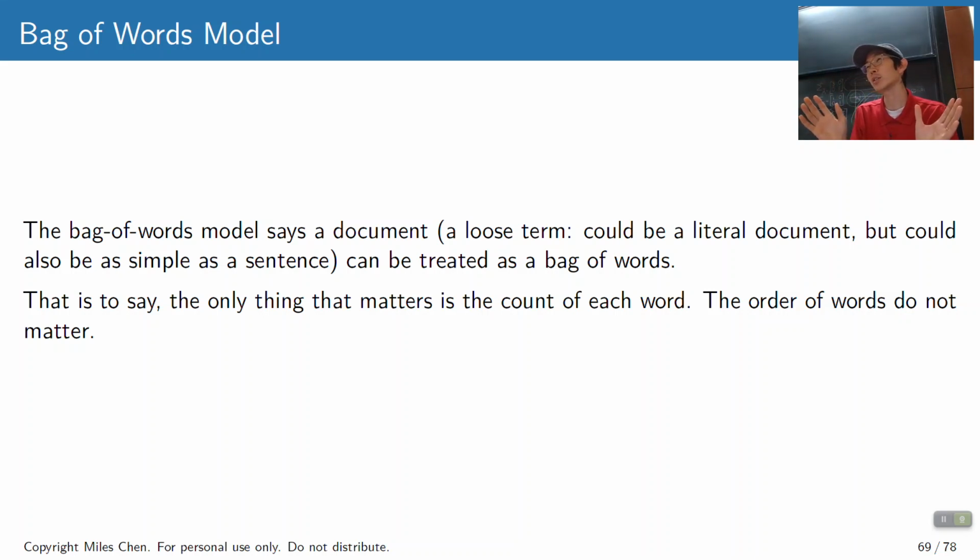In the bag of words model, it's just what words are in there, because in a bag there's no order of items, versus a list, where there is an order. If I say, what is the third item in your backpack, that's a weird question, because when you reach into your backpack, what's the first item and what's the fifth item? There's no order. So it's like you shake the words off the page and they fall into a bag, and you just have the count of how many times each word appears.